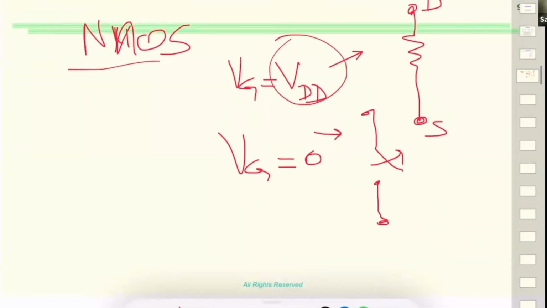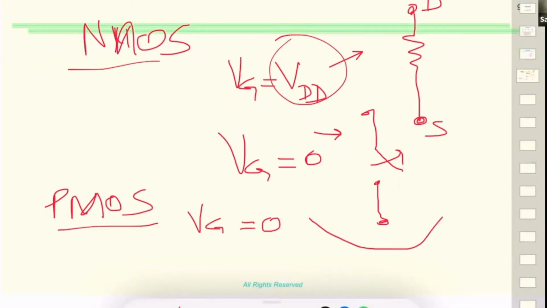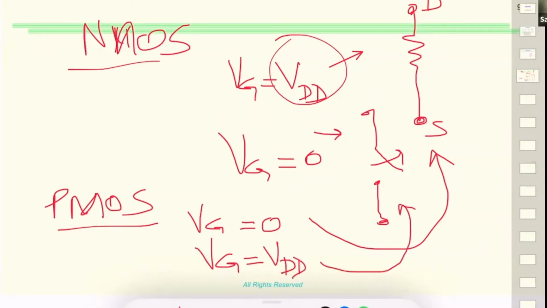And for PMOS, this is reverse. So to turn it on, you have to bring it low. And if you do have gate voltage, then this is an open circuit. So it's a flipped operation for both of those.